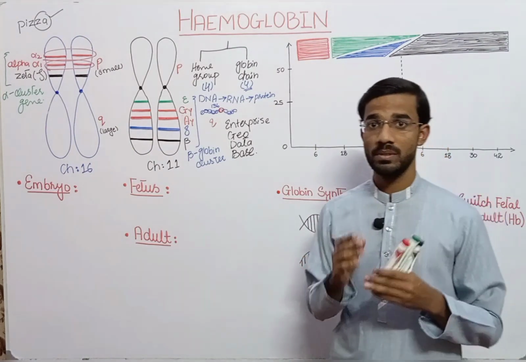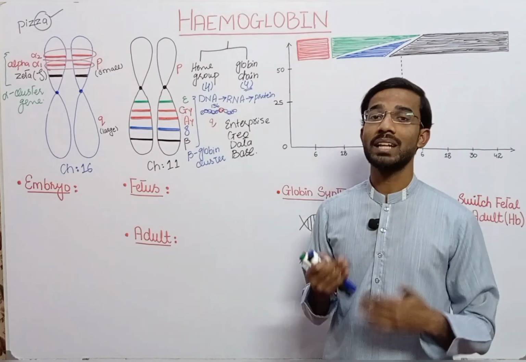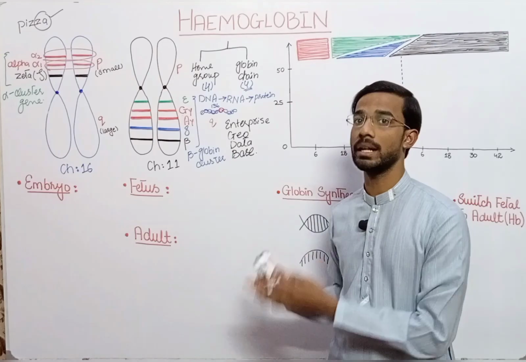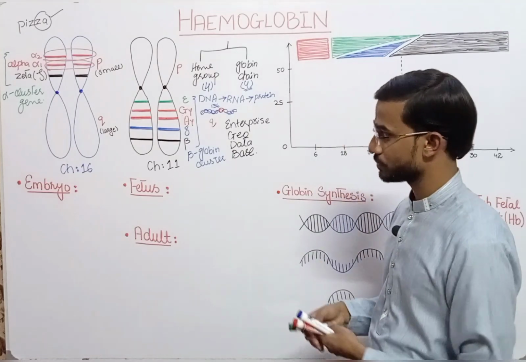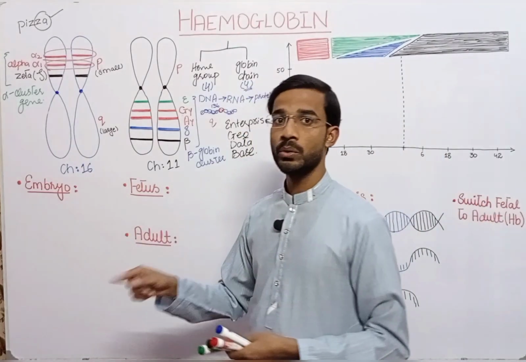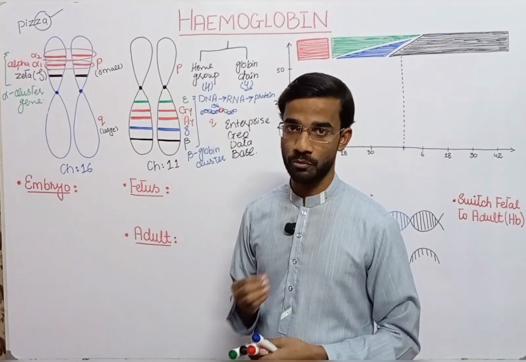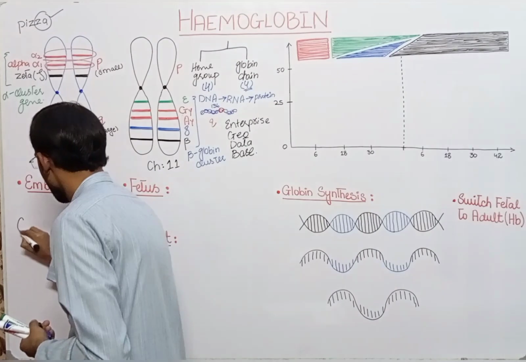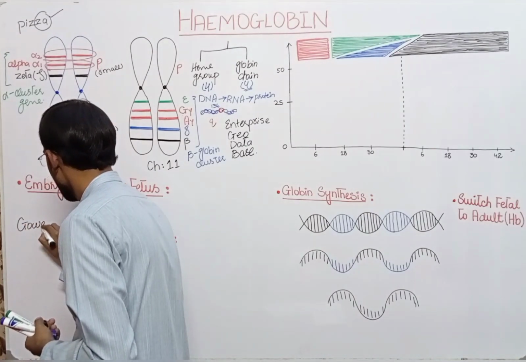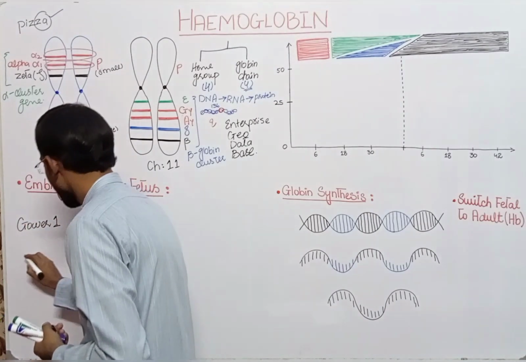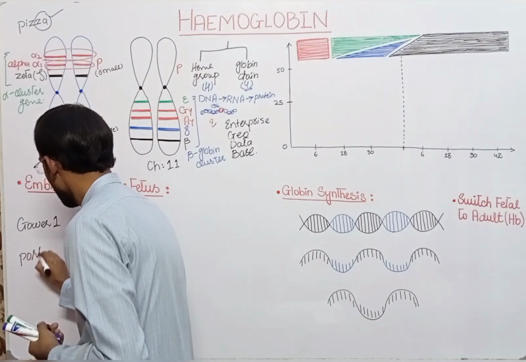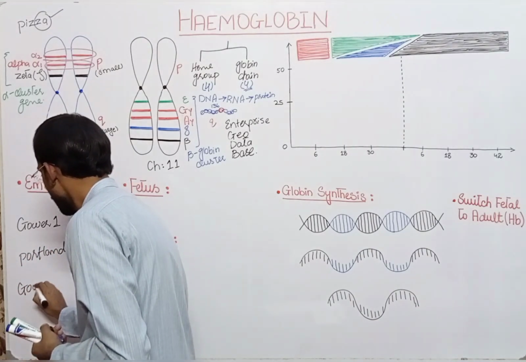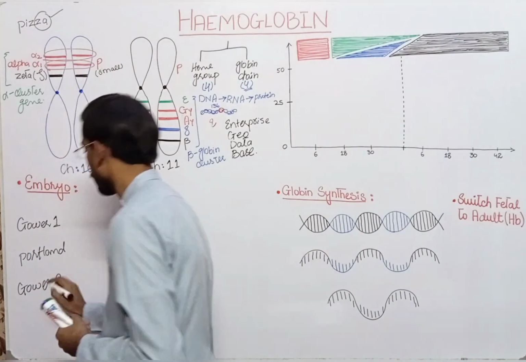So next we will see what types of hemoglobin are present in the embryo, fetus and adult. Here you can see in the embryo the basic types of hemoglobin present. First one is Gower 1, second one is Portland, and third one is Gower 2.